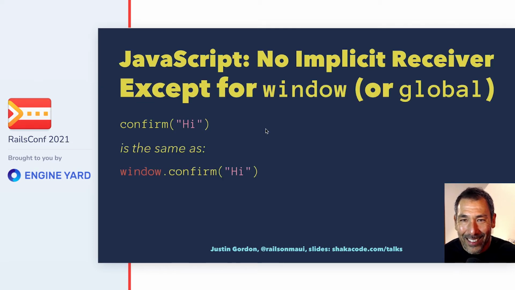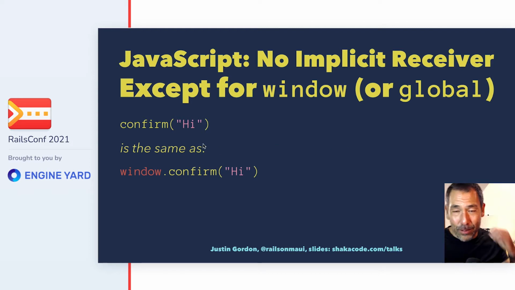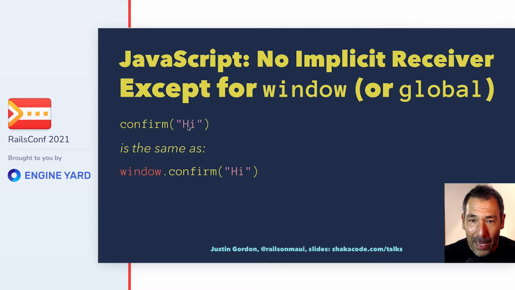All right, let's go take a look at some JavaScript code. So no implicit receiver in JavaScript except for window or global. So what does that mean? It basically means that in JavaScript, you can say confirm hi, and it's the same thing as window.confirm hi.